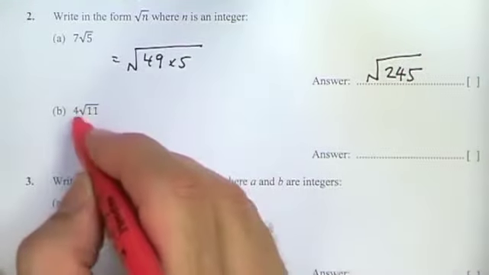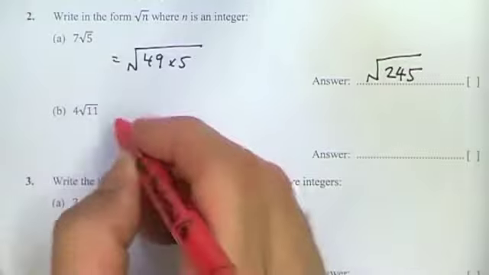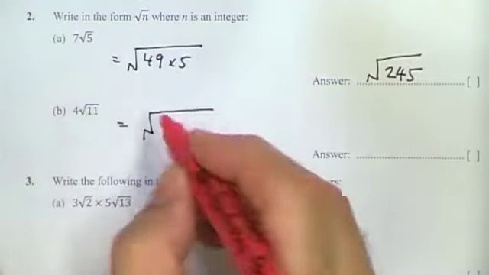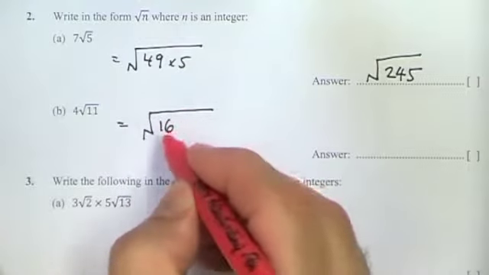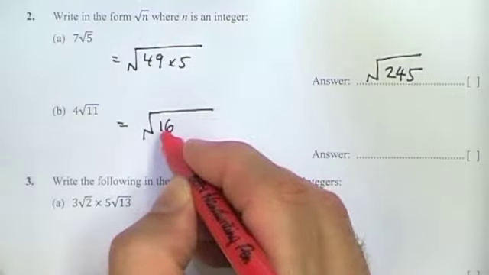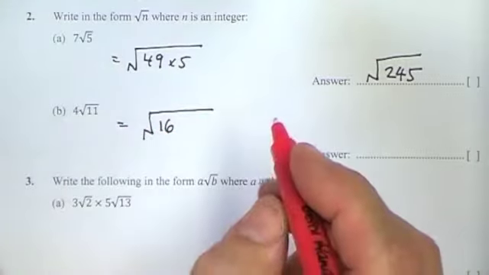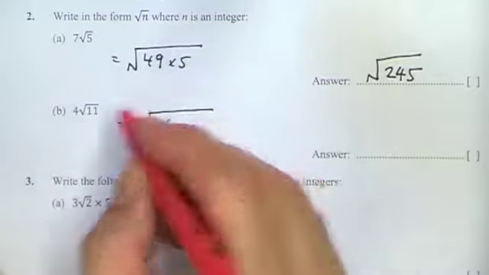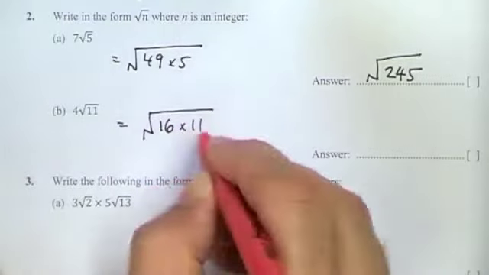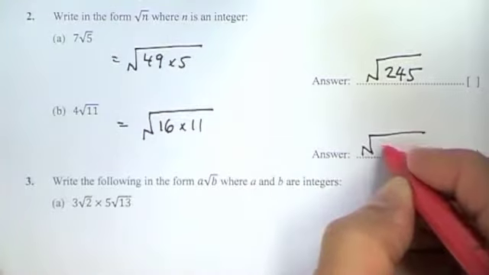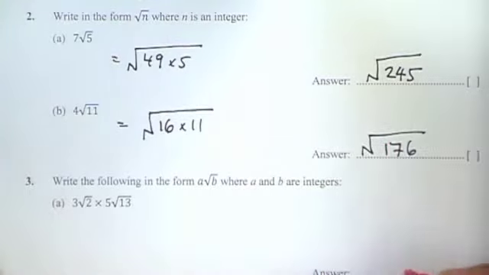And for this one, 4 times the square root of 11, if we take it all under the square root, we square 4 to get 16. The square root of 16 is the same as 4 outside of the square root, so that becomes 16 times 11 inside the square root, which becomes 176, so it's root 176.